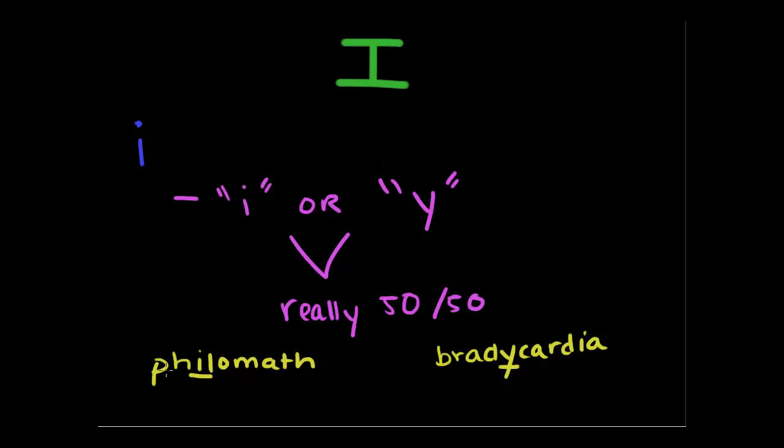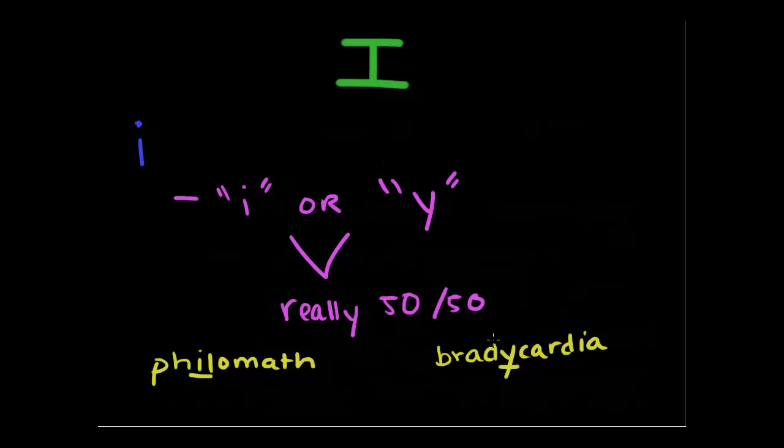Well, philos means love in Greek, and math is like learning or mathematics, so basically a philomath is a lover of learning. And if we hear that definition, the light bulb can click or flash, and you will recognize PHIL, meaning love in Greek, and then you'll know it's an I. In bradycardia, brady means slow.